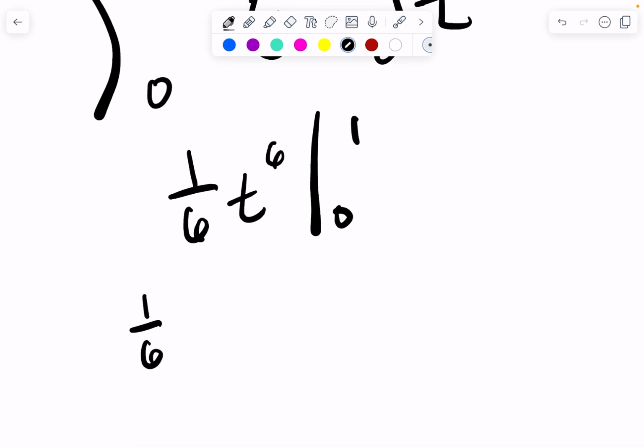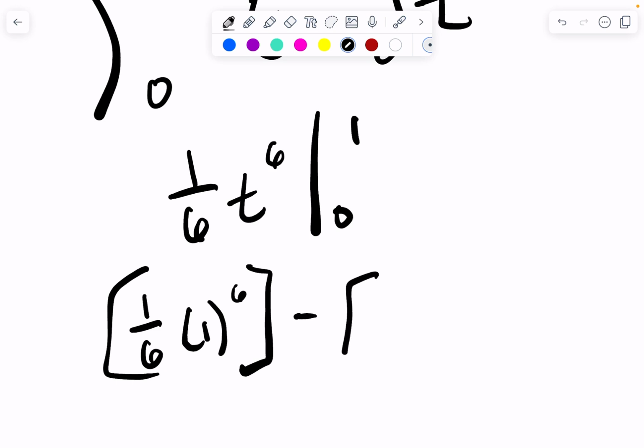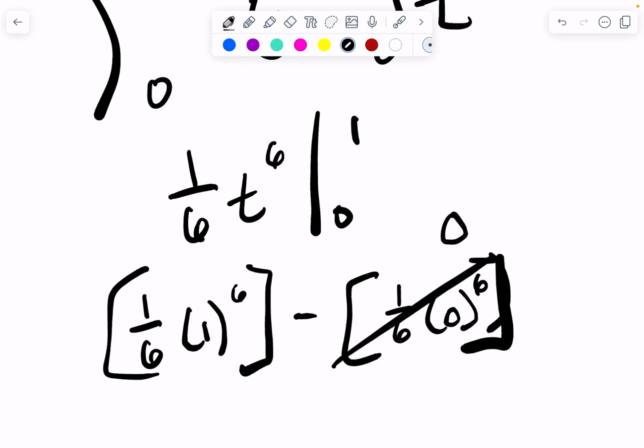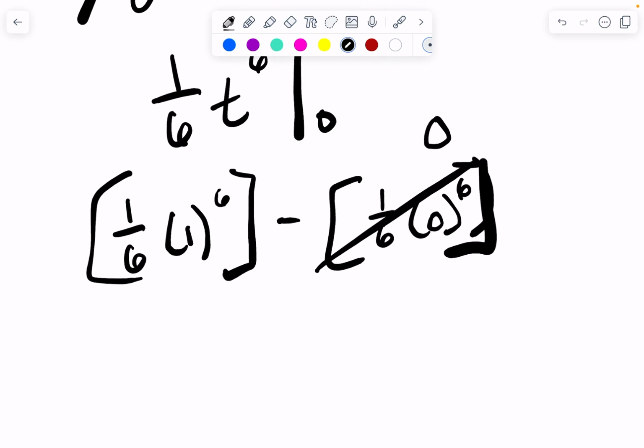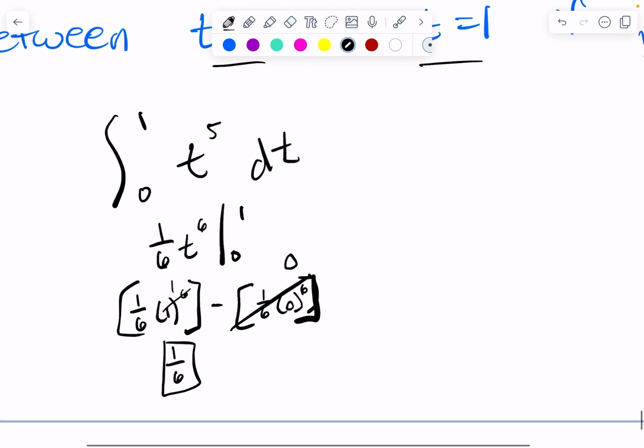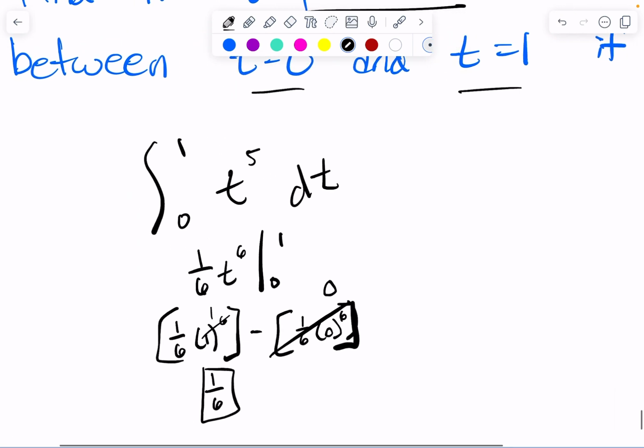Basically I'm just plugging in 1, because 0 is going to cancel out, since this goes to 0. So 1 to the 6th power is 1, times 1/6. I am just 1/6 of a unit further to the right than I was previously. There you go, that is how that works.